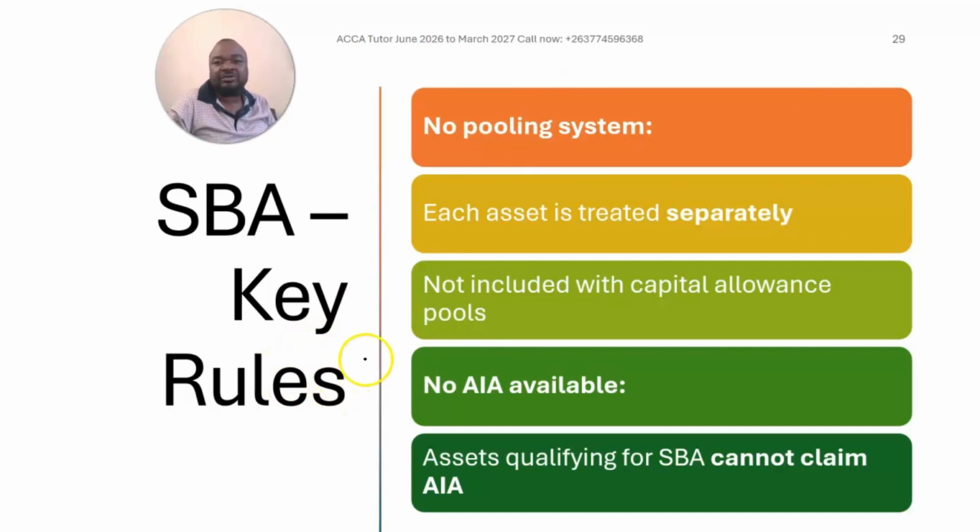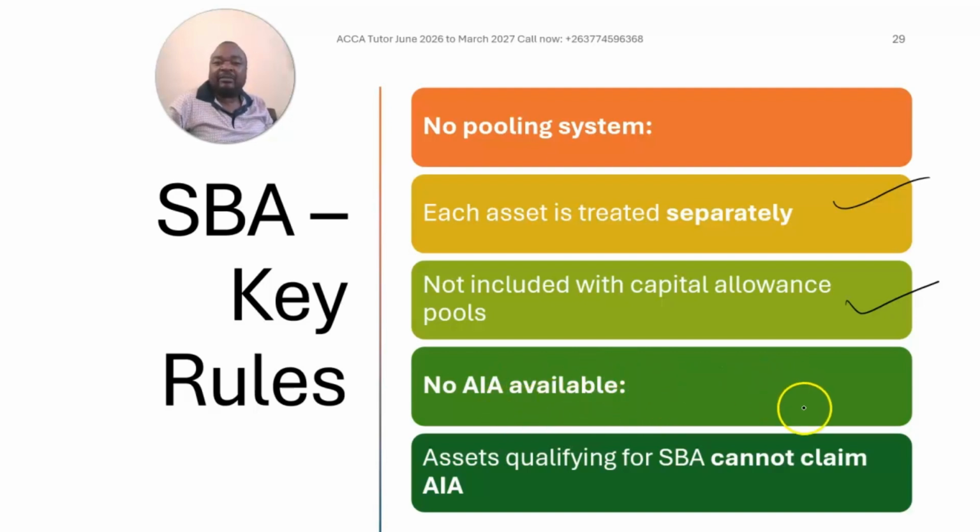SBA key rules. No pooling system. Each asset is treated separately. You do not have to bunch them. So each asset is treated separately, not included with capital allowance pools. So once you use the SBA, then you cannot use the capital allowance pool system.